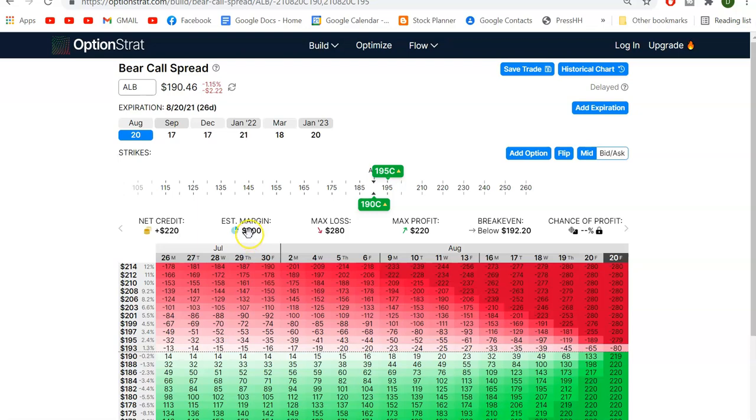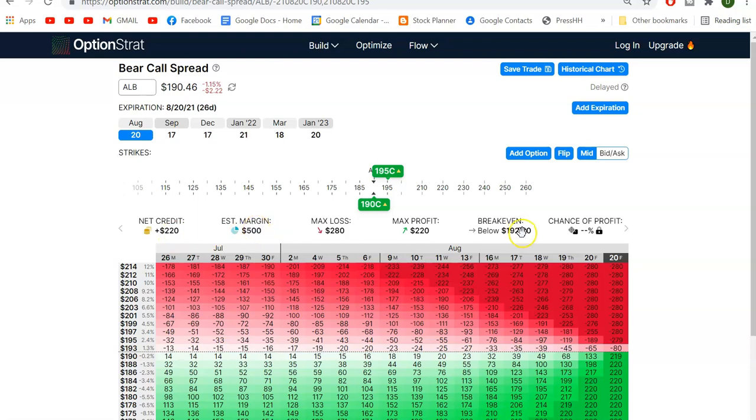And if it stays below that for the 18 days, we get to keep that. Of course, you can close this out earlier, and I do a lot of times at about half this amount. So if I can win this, I will get $110. And with the other one, using the Fibonacci projection to go to 183, we would have won about $45. 45 versus 110, and putting up less.